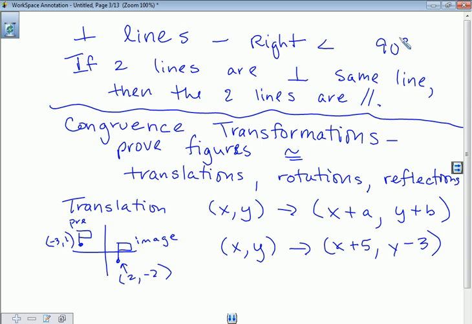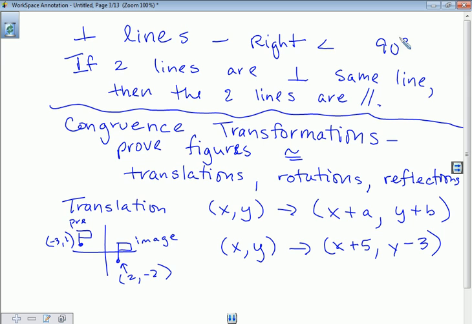So here's an example of a translation. This is my pre-image. It's a flag right here, and this end point of that segment is (3, -1). This one is congruent. We'll pretend it doesn't really look it, but we'll pretend it's congruent, and it's our image. And that same end point of the flag is at the point (2, -2).